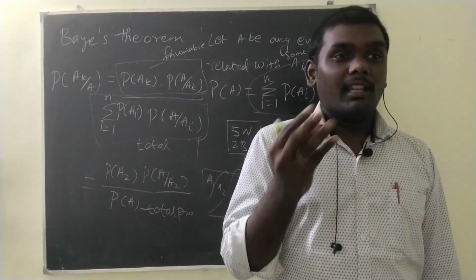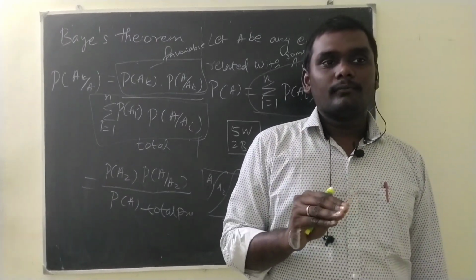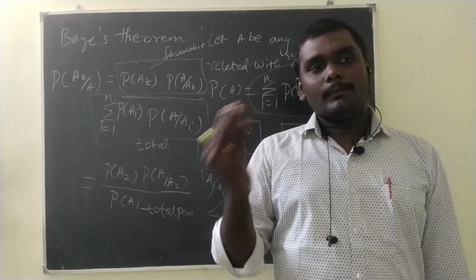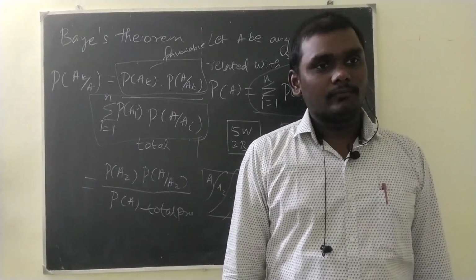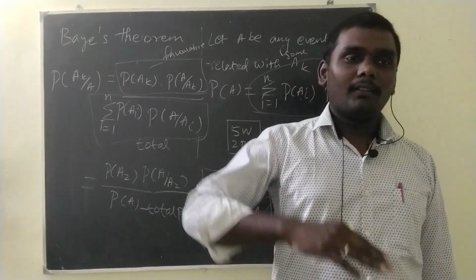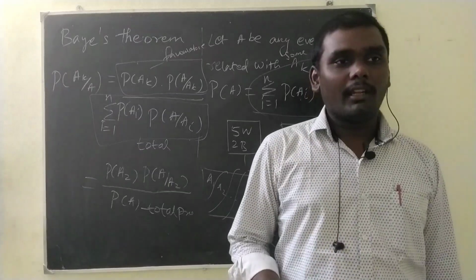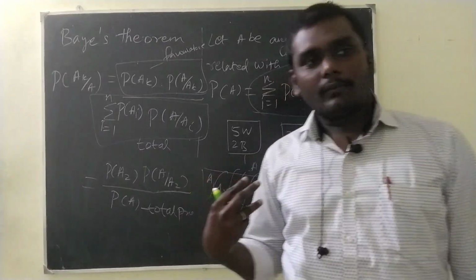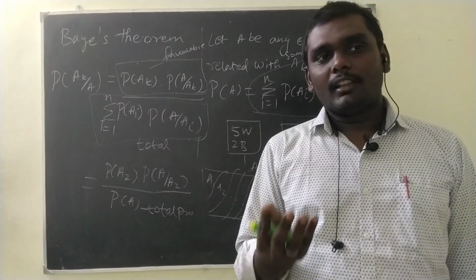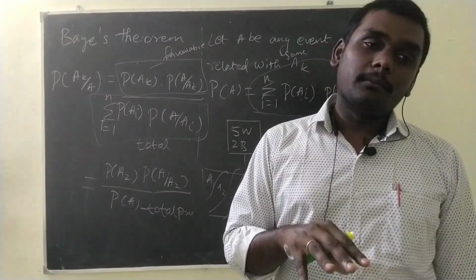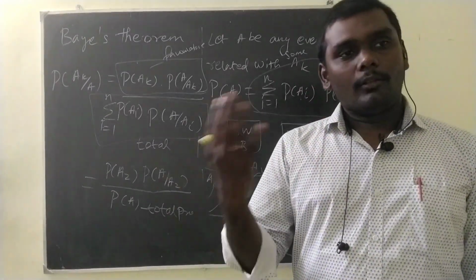If they mention in which box, in which urn it is happening, then we have to use Bayes theorem. That is the whole difference. Likewise, we will see many questions, and I will explain in more detail. You should get this idea first of all, whether they mentioned any particular thing or not. If they mentioned, we will use Bayes theorem. If they didn't mention, we will use total probability.